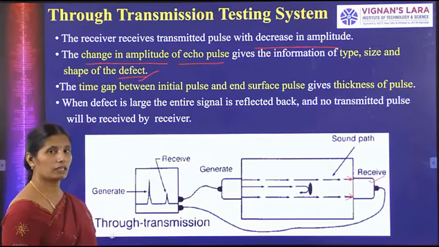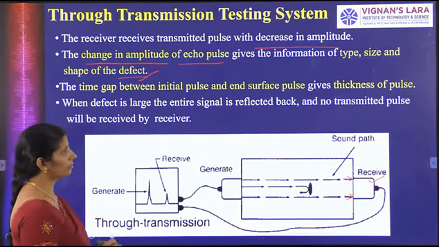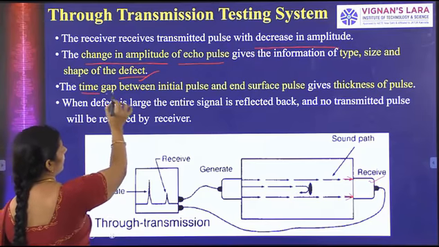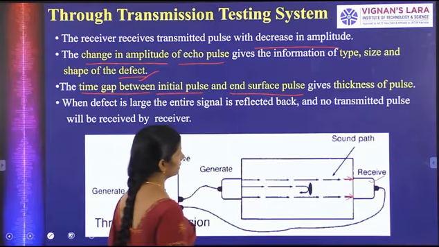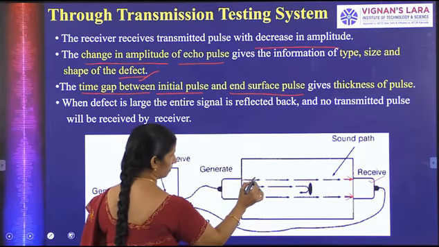How to determine the thickness of the material? That is the time gap between the initial pulse and the end surface pulse. This is the initial pulse.